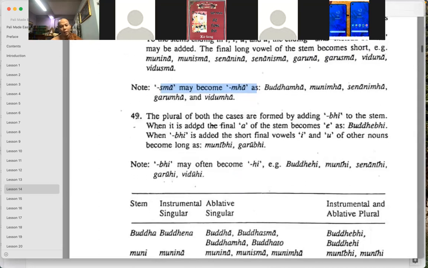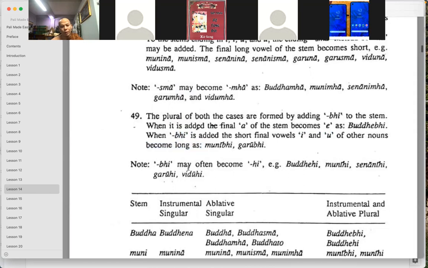And then paragraph number 49 is about the plural. Instrumental and ablative case plural are exactly the same, by adding bhi to the stem. So to Buddha, bhi is added, and then a is changed to e. Also bhi is added to the i or u stems, but those i and u become long: munibhi, garubhi, and so on.